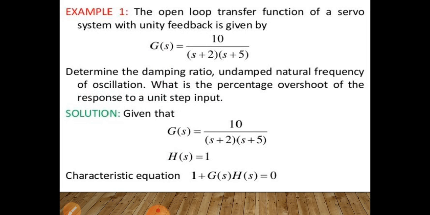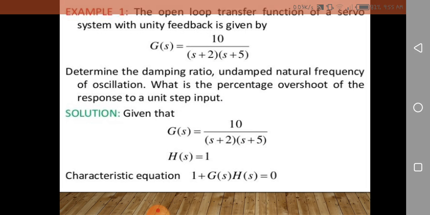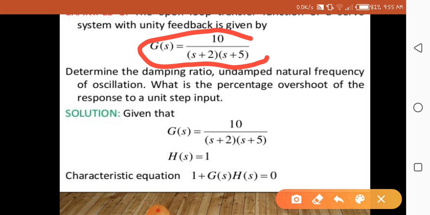Now we take an example. The open loop transfer function of a servo system with unity feedback is given by G of s equal to 10 upon s plus 2, s plus 5. Determine the damping ratio, the undamped natural frequency of oscillation, and the percentage overshoot of the response to a unit step input.